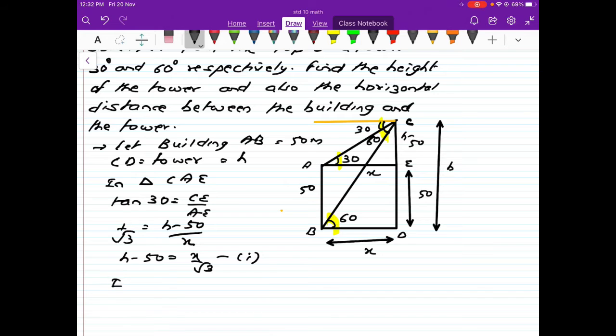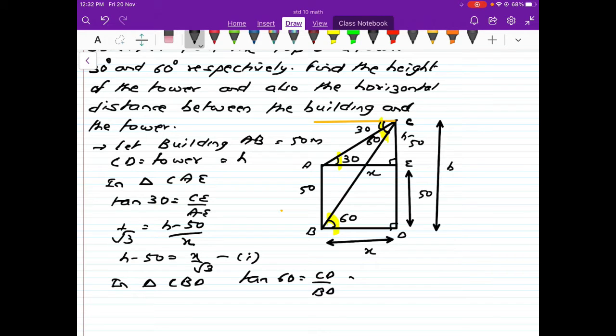Now we will take another triangle, triangle CBD. In triangle CBD, remember both are right angle triangles only. So here we will take 60 degrees. So tan 60 degrees will be CD upon BD.